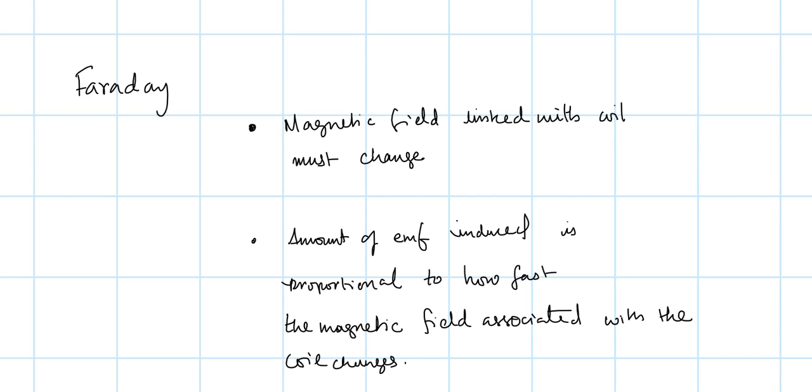So 2 points to take away from this section is that magnetic field linked with a coil must change for the EMF to be induced, and also the amount of EMF induced will be proportional to how fast the magnetic field associated with the coil will change.